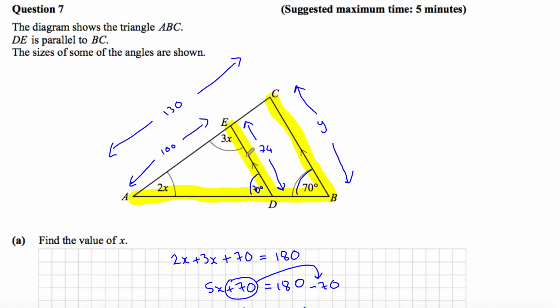Because this angle here, 70, is equal to this one, and because the angle 2x is in both triangles, that means this angle here is automatically equal to that. So when the three angles in a triangle are equal to the three angles in the other triangle, we have similar triangles. So I'm going to draw the two triangles out, AED and ACB.